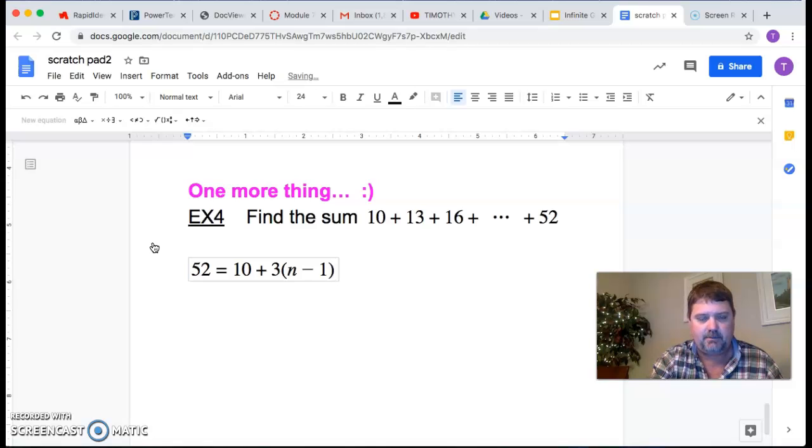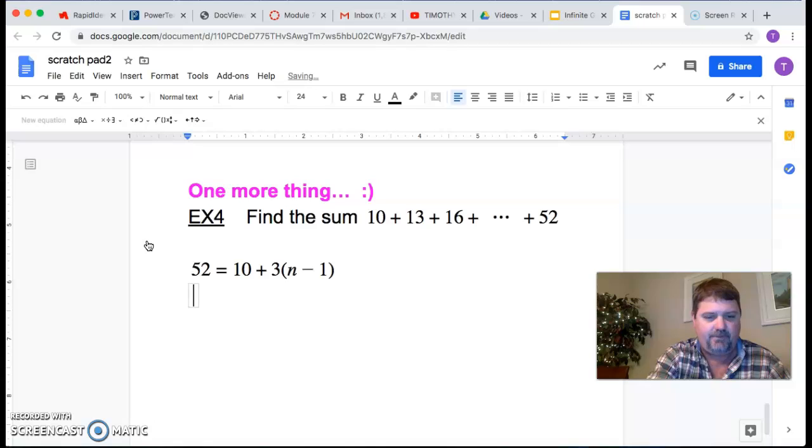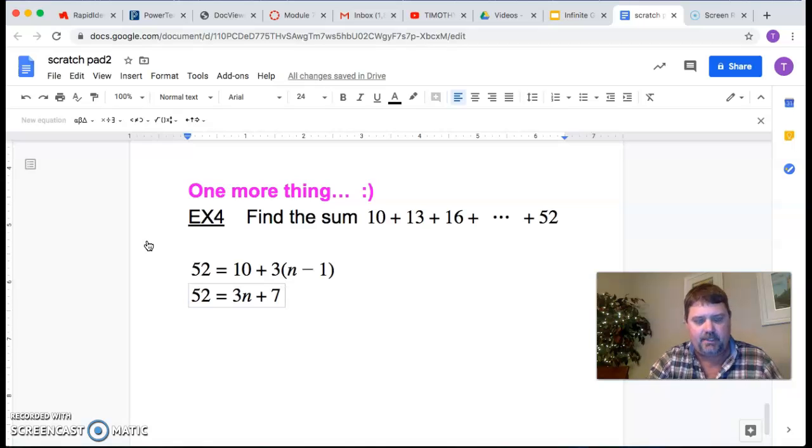And that means 52 is equal to what? Okay, 3n plus 7. And when we solve that for n, we get n is 15. So n is 15. Now we can use our sum and add this thing up.